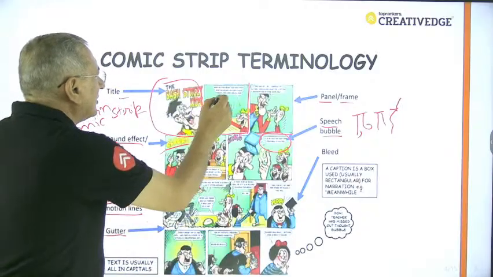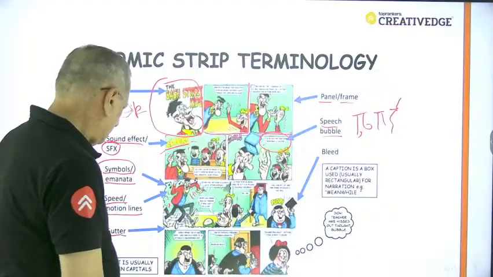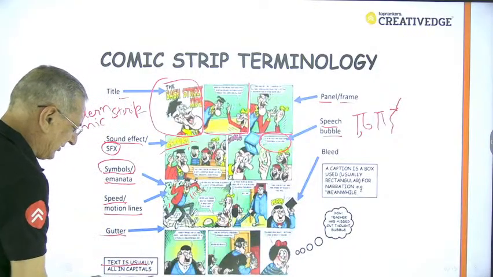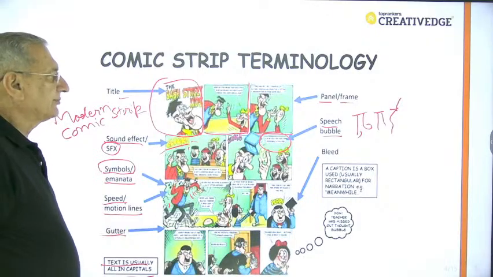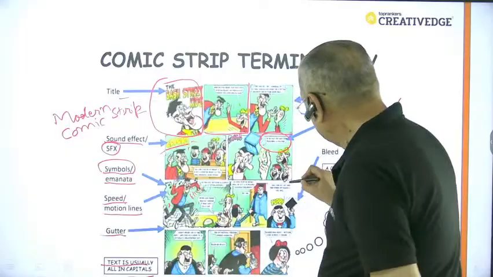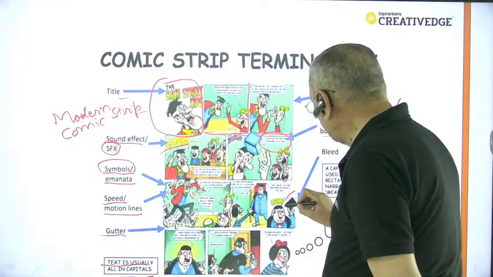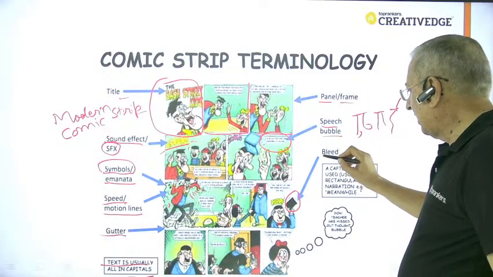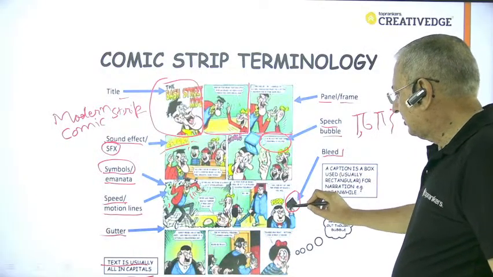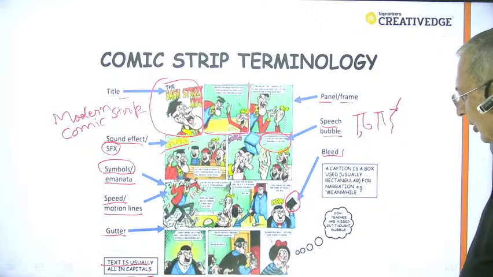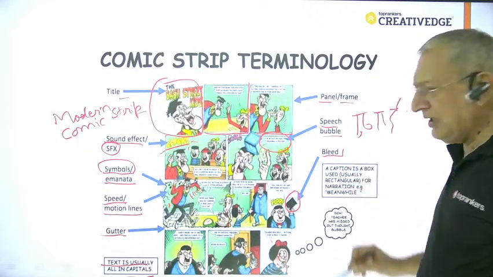Generally, the text written here is usually all in capitals. Then, if something comes out of the frame, out of the panel, it is called a bleed.